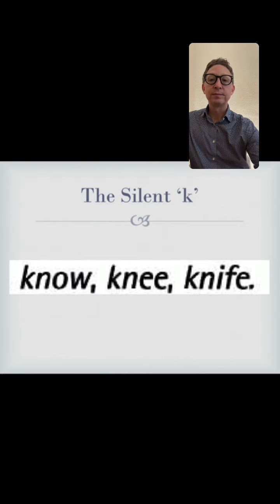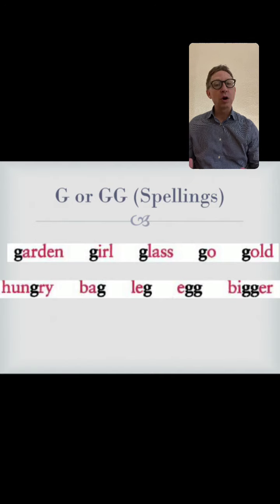All right, let's move on to the G sound. A few common words. The spelling for G's is easier or more straightforward. Straightforward means easier than the K. We have G and GG for most of them. So we say G, the letter, but we pronounce G, the sound. So G is the letter, G is the sound.